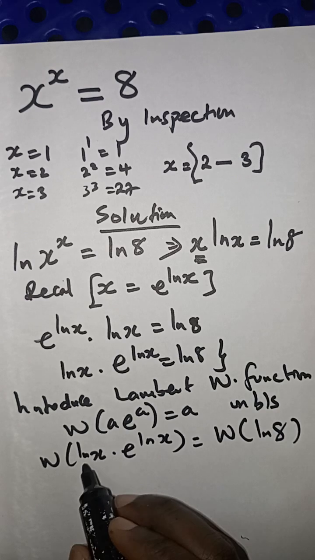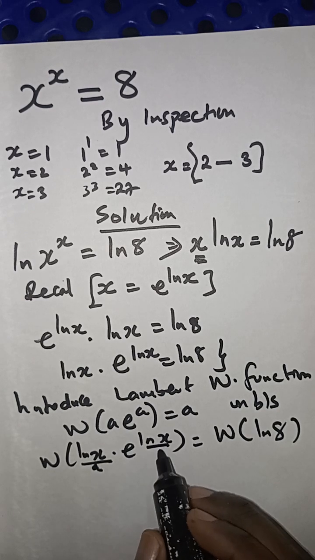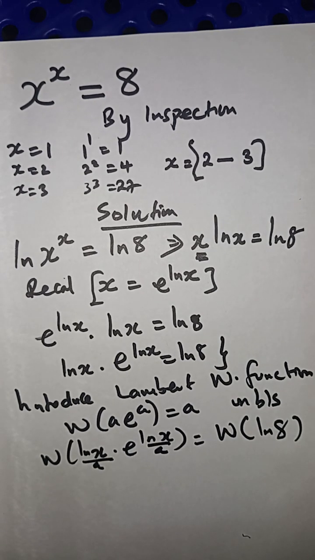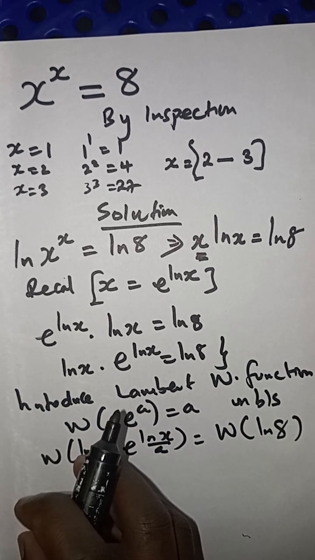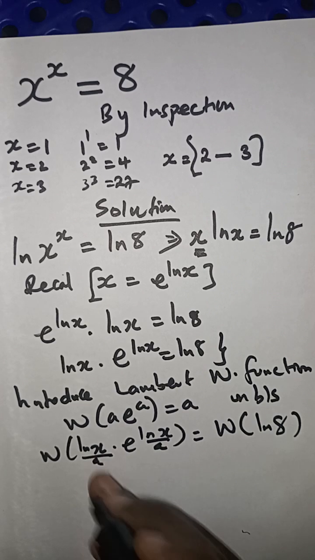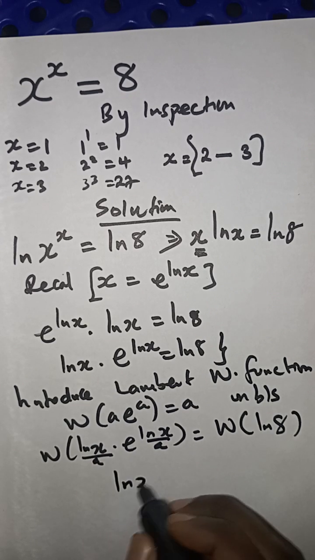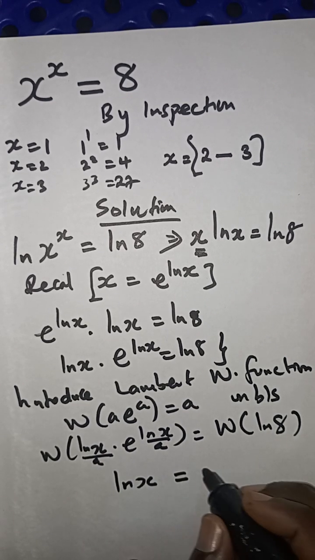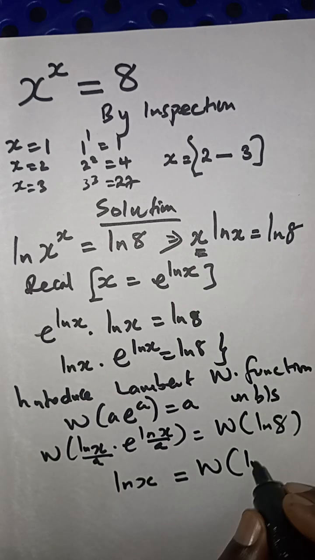So it is now very easy to see that this represents a and that one also represents a, meaning on my left hand side I'm going to end up with a, ln of x is now equal to the W of ln of 8.